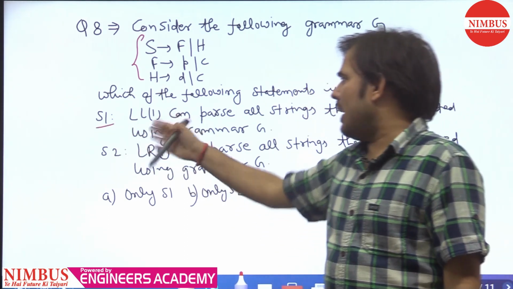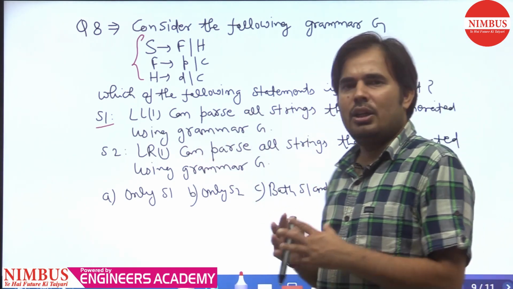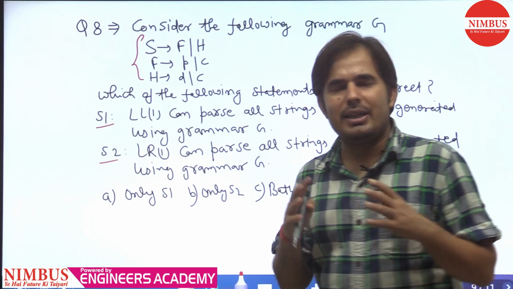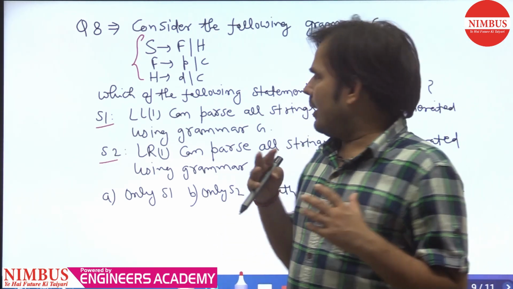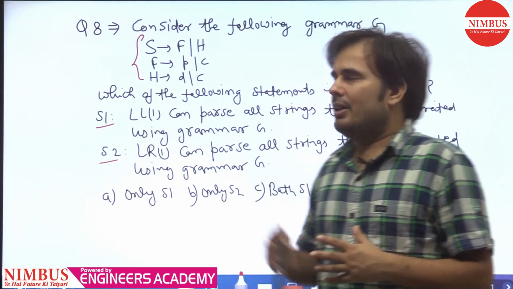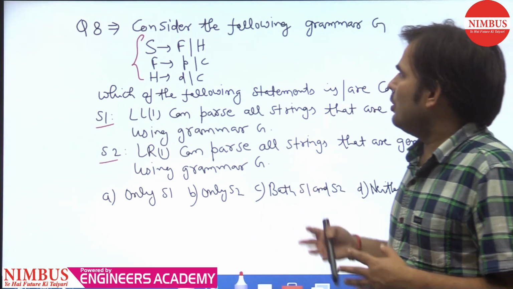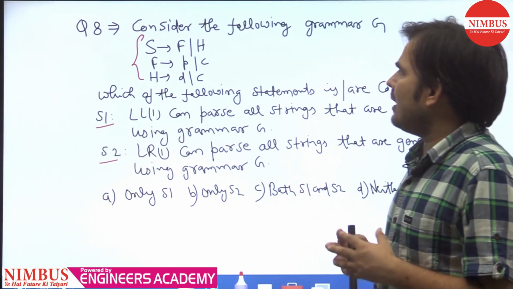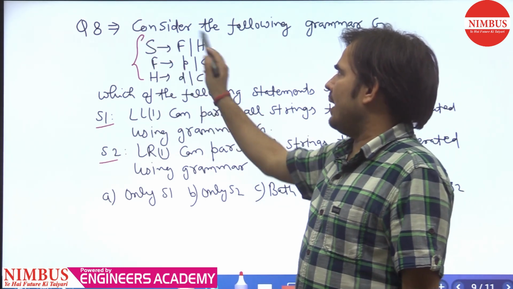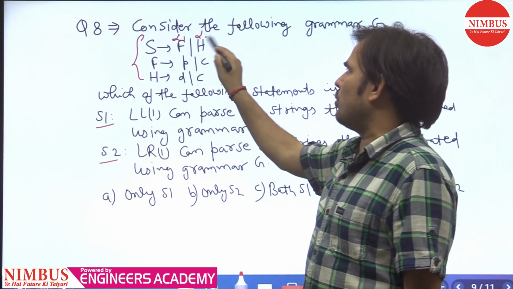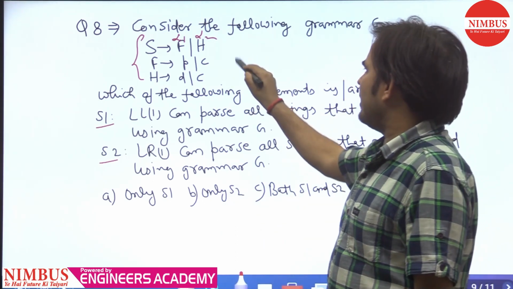Statement S1: LL1 can parse all strings that are generated using grammar G. सो स्टेटमेंट पढ़ने से पहले, before reading this statement, we need to decide whether the given CFG grammar is LL1 or not. सो इसको चेक करने के लिए, suppose this production, you can take like this is alpha1 and this is alpha2. So first of F is here what?